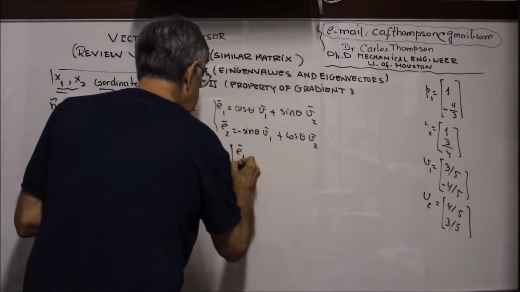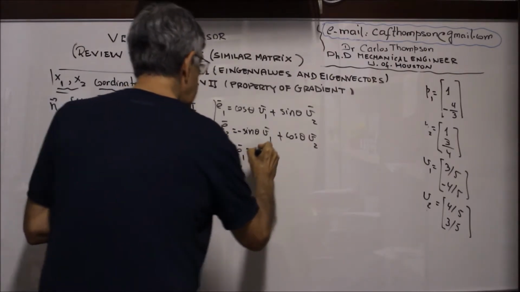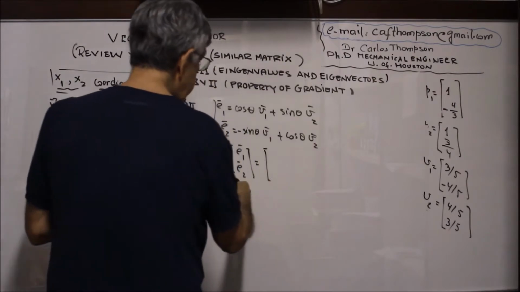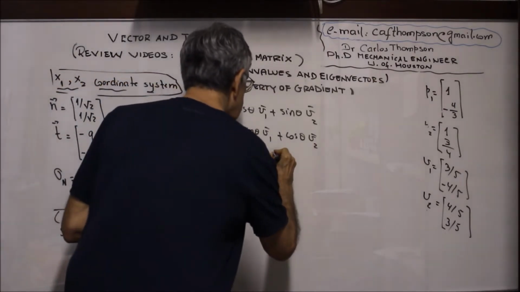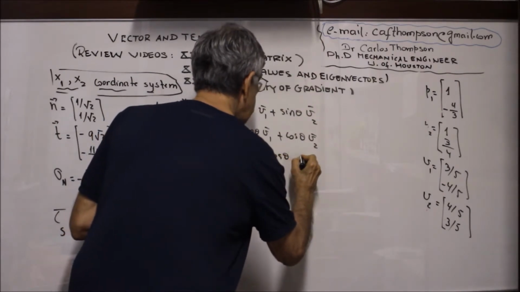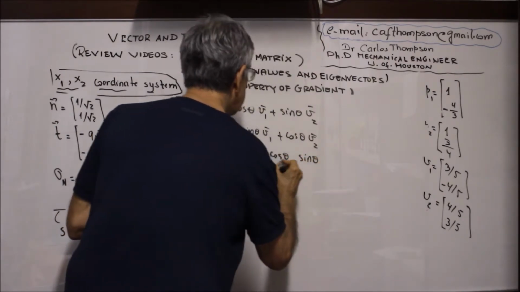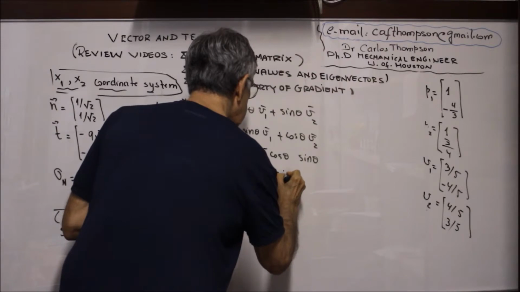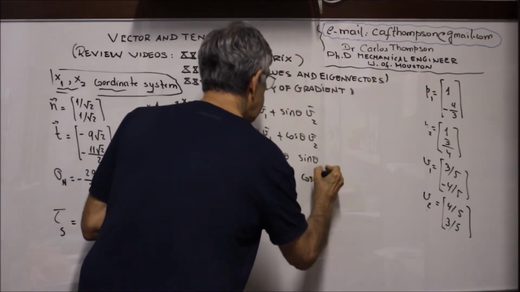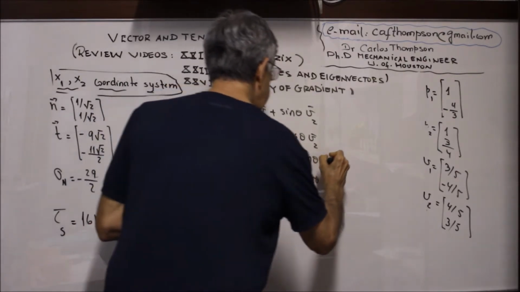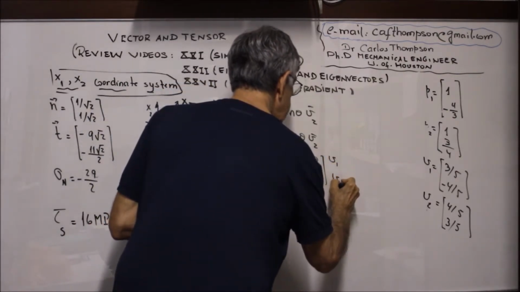Then you have the matrix E1, E2, a column matrix. Here is cosine of theta, sine of theta, minus sine of theta, and cosine of theta, times V1 and V2.